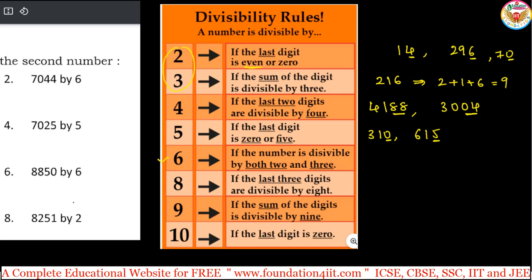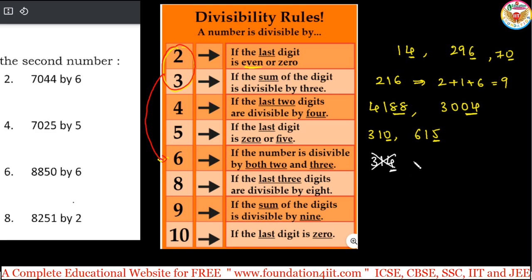If any number satisfies the rules of 2 and 3, that is exactly divisible by 6. If you take 314, 4 is an even number, so 314 is divisible by 2. But 3 plus 1 plus 4, 3 plus 1 is 4, 4 plus 4 is 8, but it's not divisible by 3.